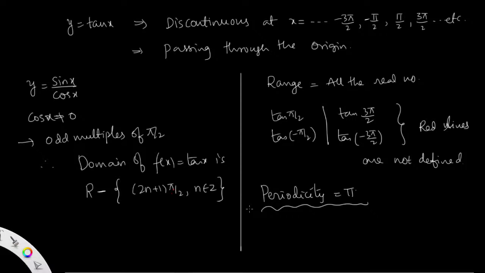Next we go to the next graph, secant x, the reciprocal of cosine x. We will draw it now. Same as the fourth one, y equal to secant x. Let us take some values on this also.